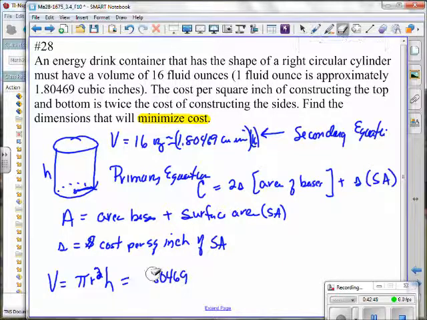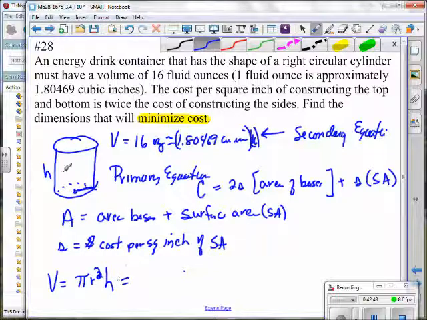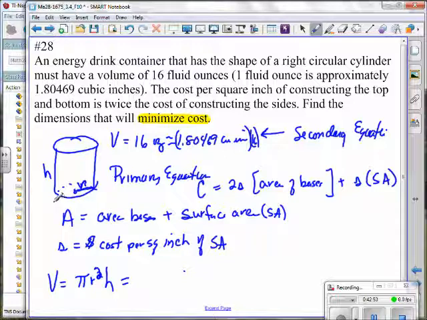Hang on a second. If I'm finding pi r squared h, if this is r down here, and this is h, I found this to be this formula, and so yes, I agree. I'd have to take 16 times that. Thank you. Cubic inches. Okay?